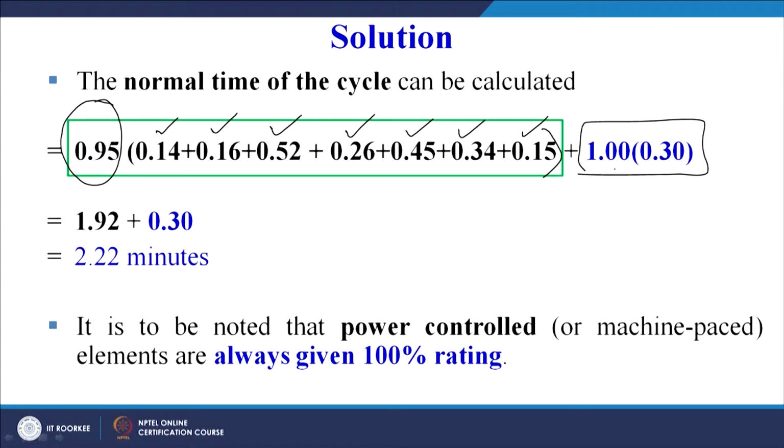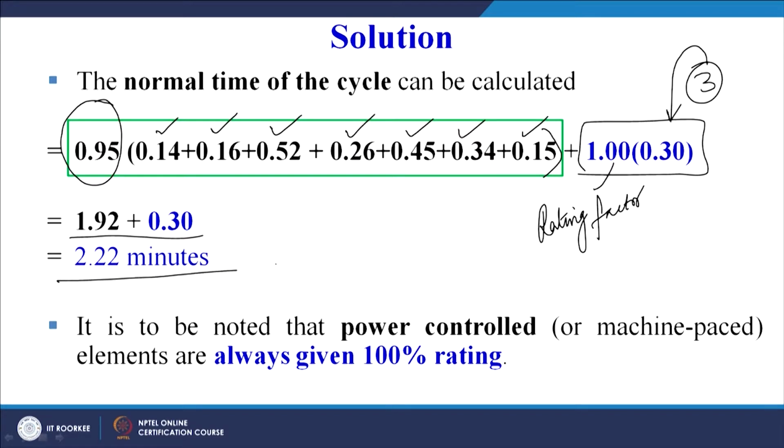This one is the rating factor for the power controlled element, and this is the actual observed time for element number 3, which is a power controlled element. So this is the total time now, 1.92 plus 0.3, 2.22 minutes. This is the normal time for the work cycle.